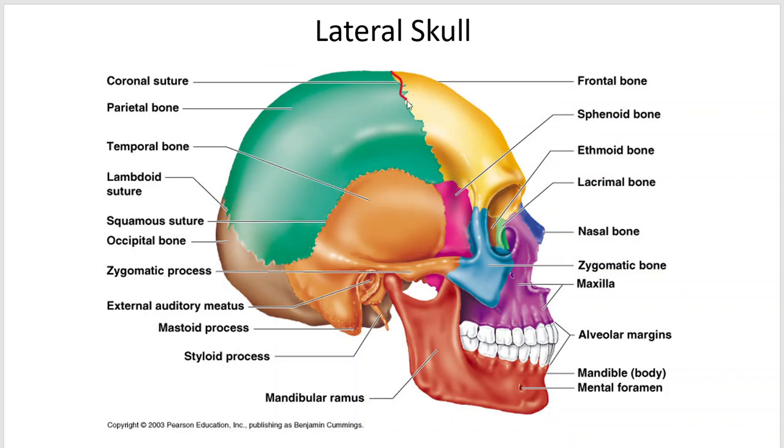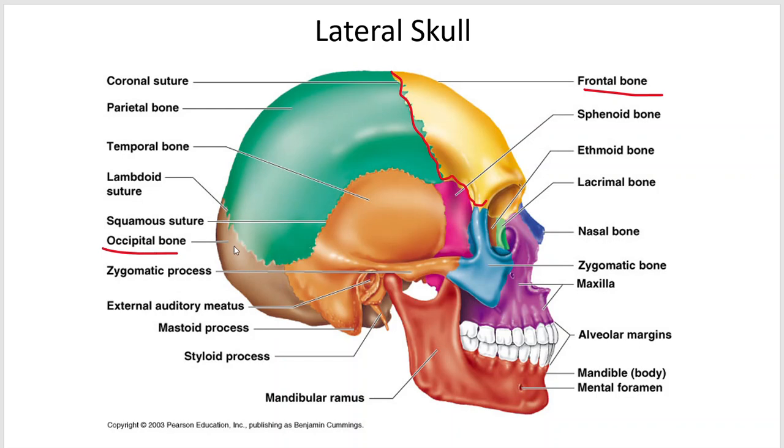So here you can see the borders between these bones. So there's our frontal bone that we talked about. Now we can go in and talk about some of these other bones that make up the skull. The skull is not one big bone, unfortunately, but a bunch of bones that are fused together.